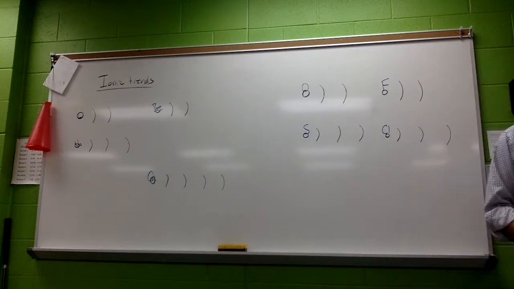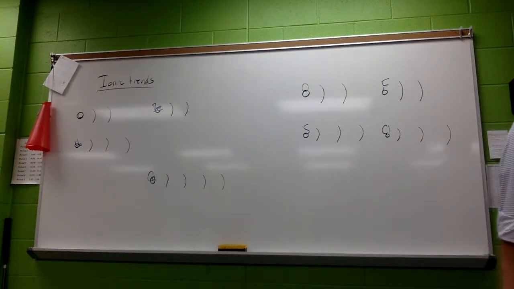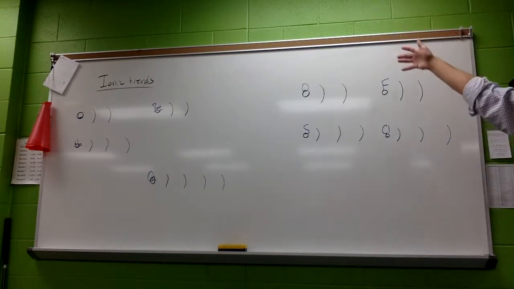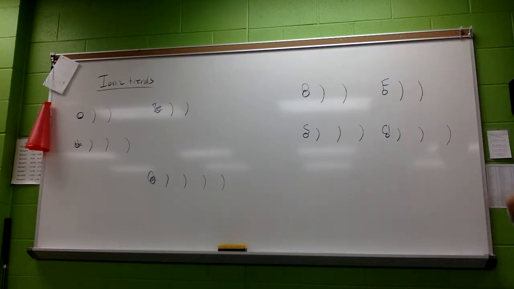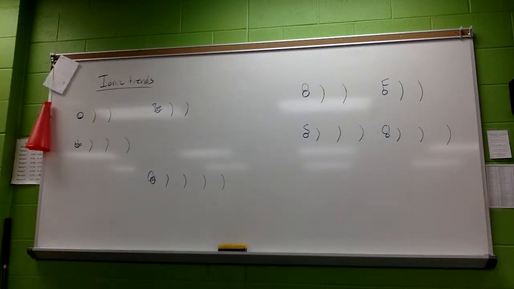Would you guys agree? I'm just randomly picking various elements within 3 different periods and 4 different groups. By doing this somewhat random set, we'll be able to see what's going on.